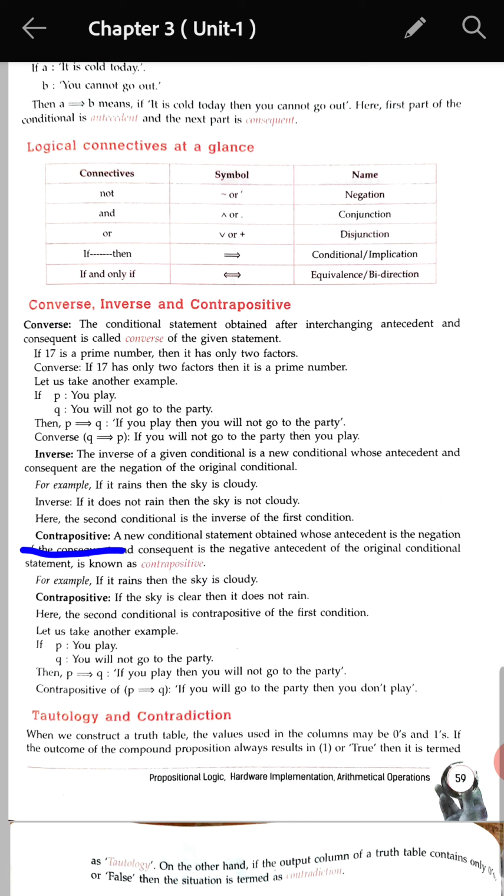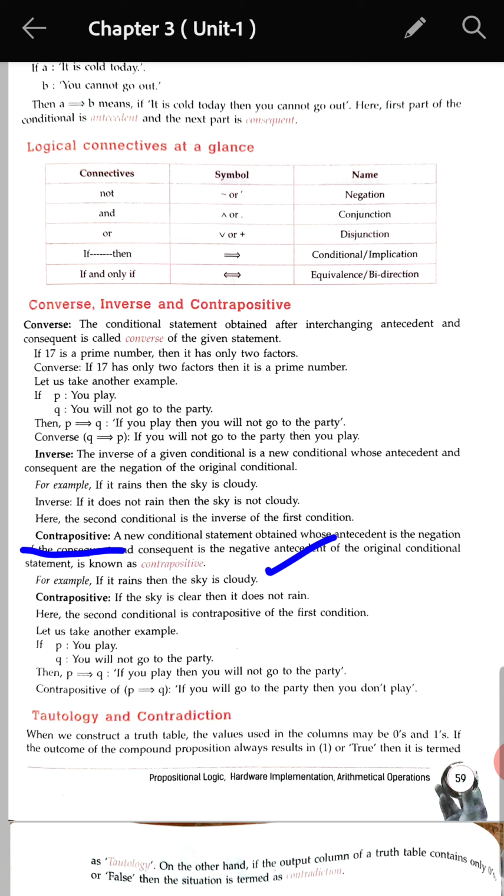See the example: if it rains, then sky is cloudy. You have to negate it and you have to change the places of antecedent and consequent. Then the contrapositive is the sky is clear. You can write the sky is not cloudy, meaning the sky is clear.